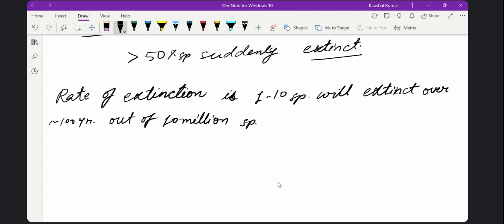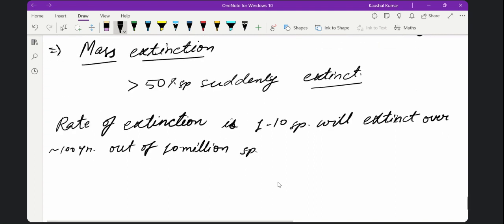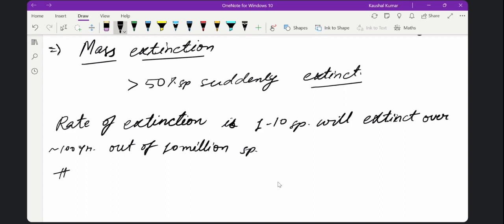So it is a slow and steady process. Extinction is inevitable, which means it cannot be stopped.